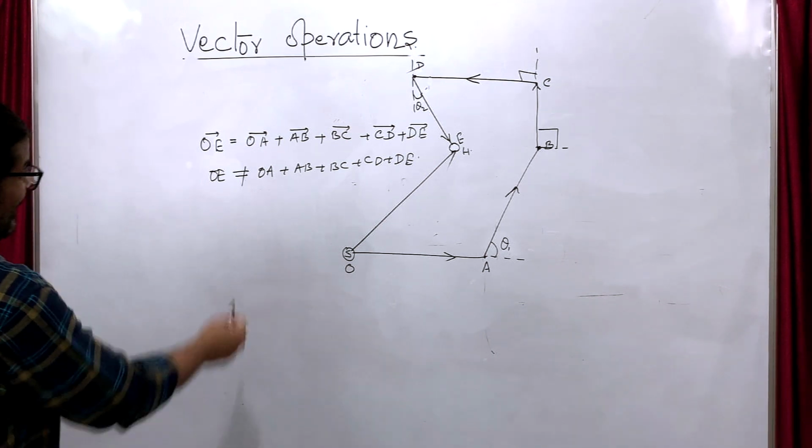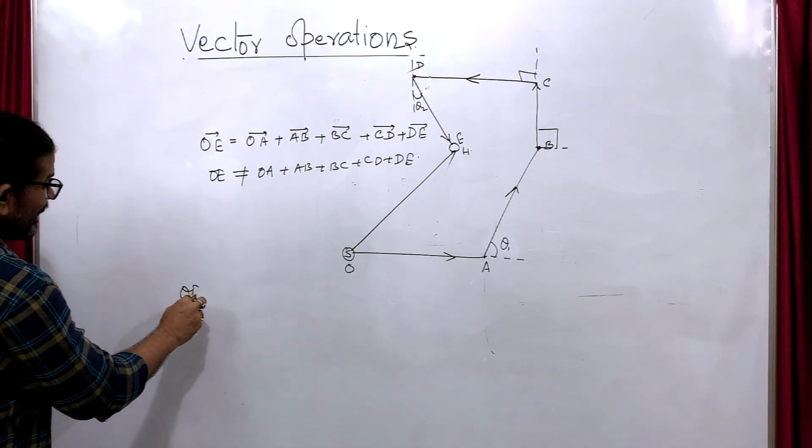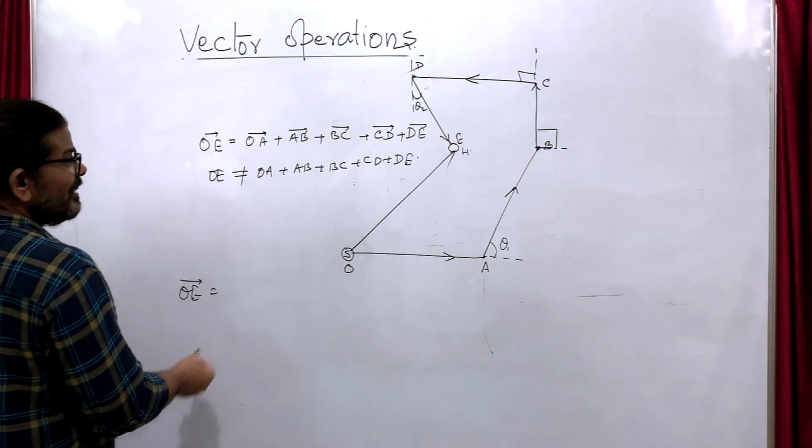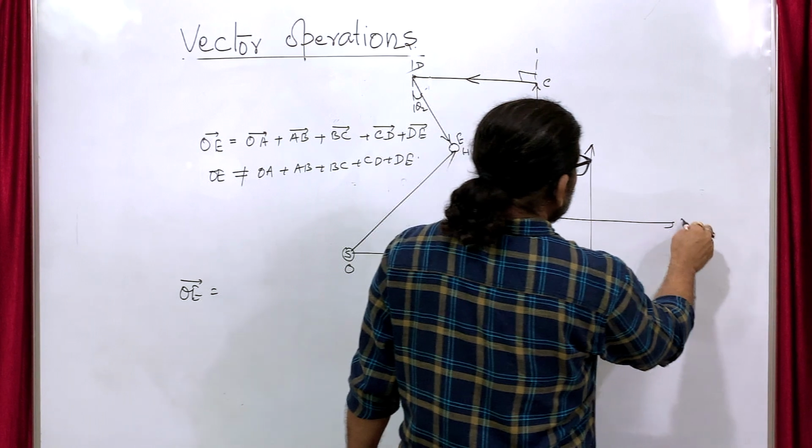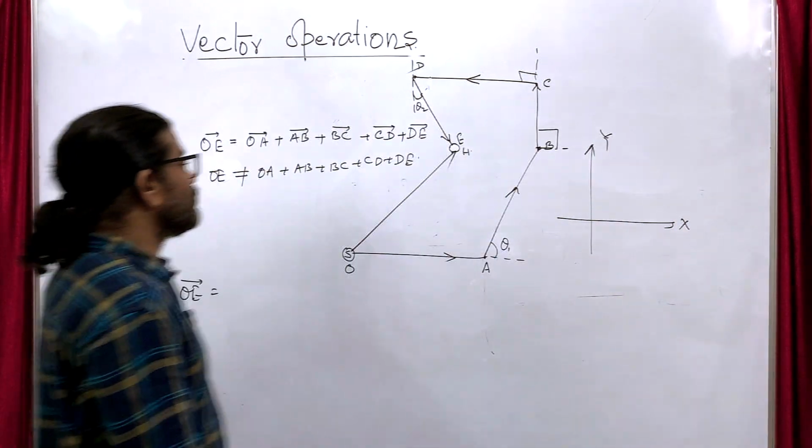Now see, here the OE vector can be written as, suppose we are taking all the vectors as planar vectors, with this as the XY axis.